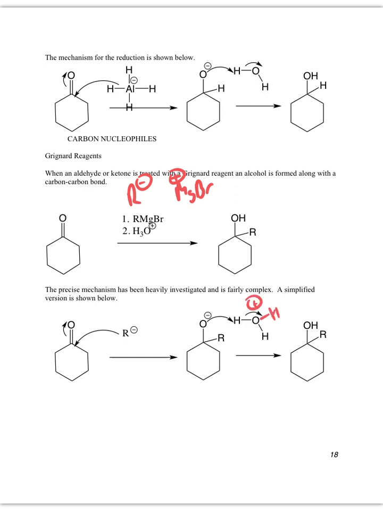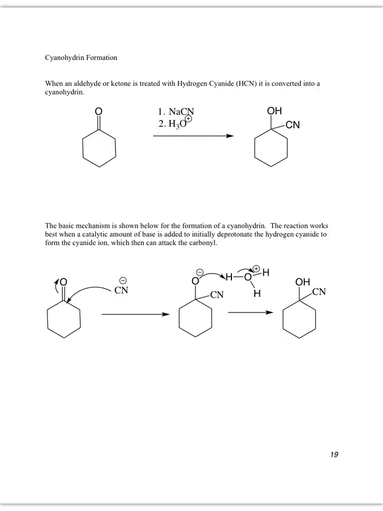Okay. Just like the reaction some of you have done in lab with the phenylmagnesium bromide and benzophenone to make the triphenylmethanol. But it's just the nucleophile adds. You don't have a way to get rid of the oxygen, so we still have the oxygen on the carbonyl there. We need the acidic conditions to get rid of that oxygen. The cyanide is much the same way.